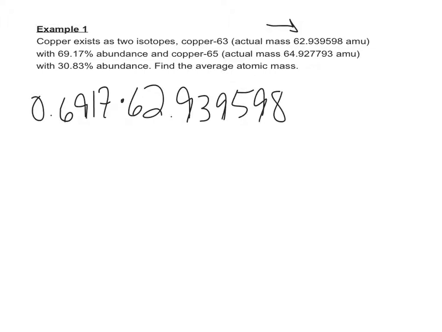Yes, it could make a serious difference. If we give you the mass, use the mass that we give you. So we're going to do that for the first one. Then I'm going to set up the other one. 30.83 turns into 0.3083. And I'm going to do it by the mass of copper 65, because this percent goes with that isotope.